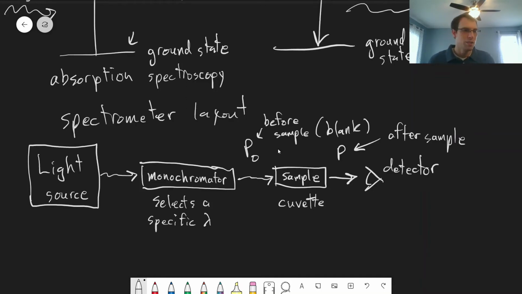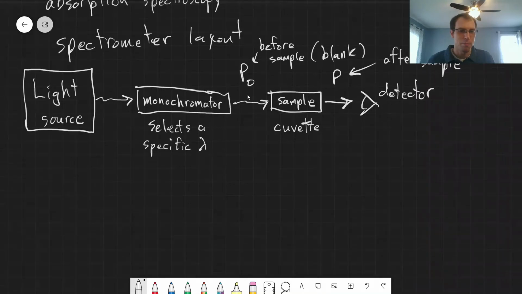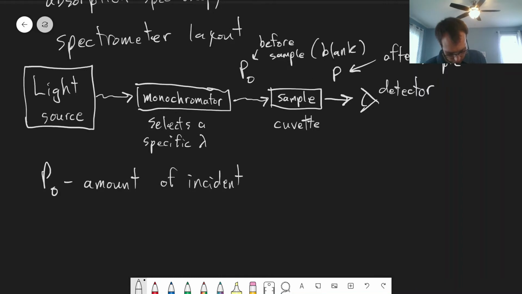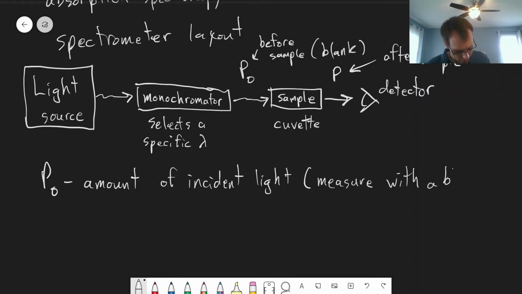Now, to determine how much light was absorbed, we compare these two values, P naught and P. So P naught, this is the amount of incident light. And rather than measuring it actually before the sample, we measure with a blank. This blank will usually just contain either just the solvent or something like that you're using.